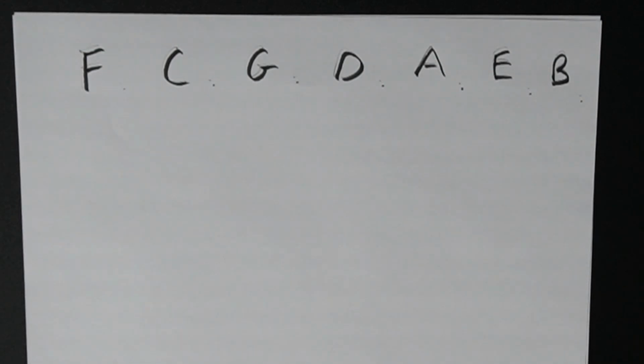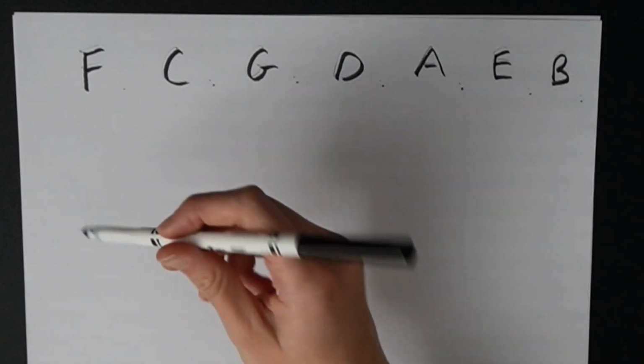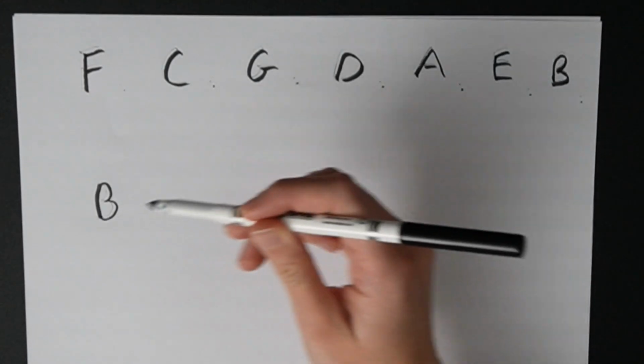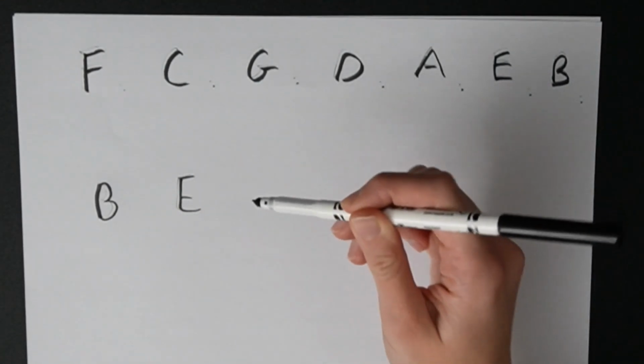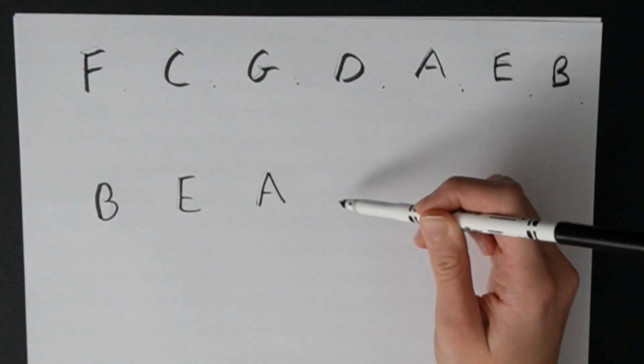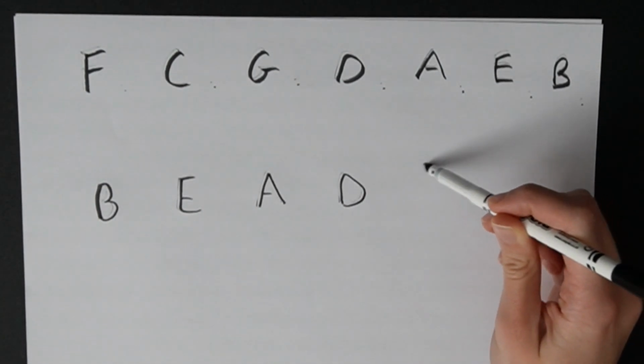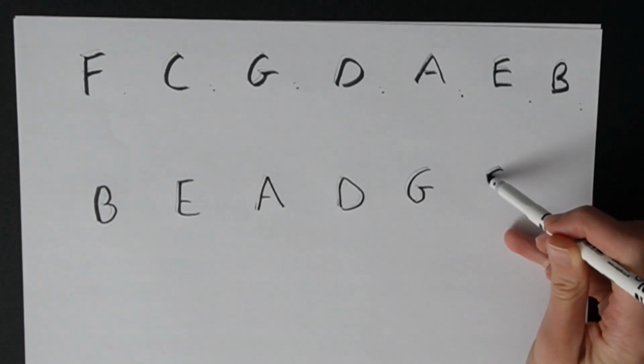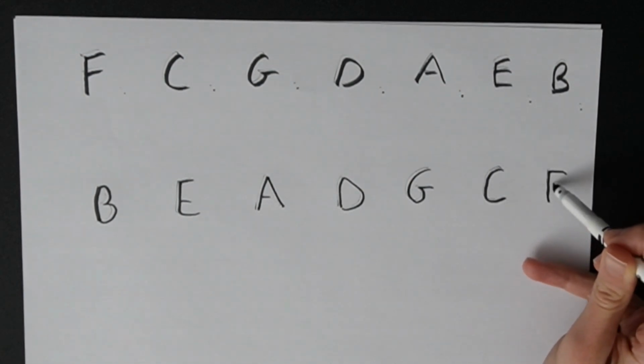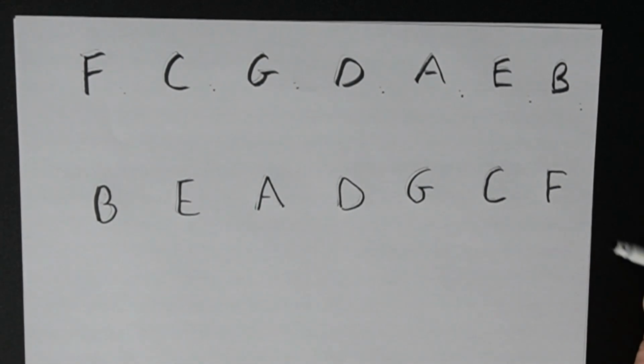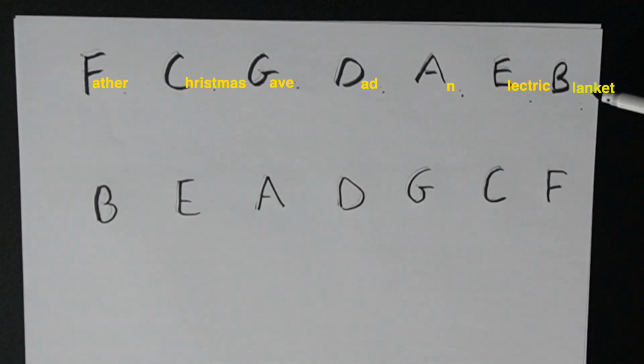And now we're going to have the order of flats. And that is B, E, A, D, G, C, and F. So if you already remember the order of sharps, Father Christmas gave Dad an electric blanket, this is sort of the continuation.